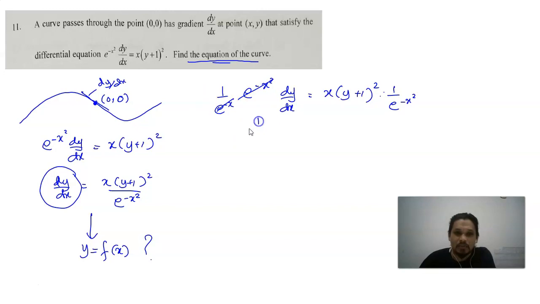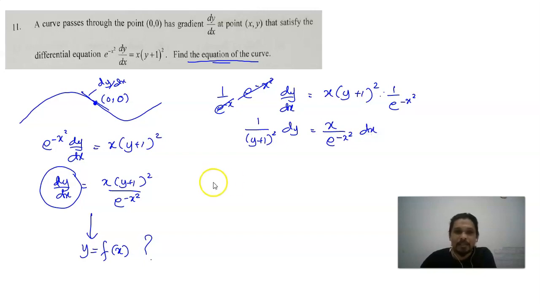So it gives us 1 divided by (y plus 1) squared dy equals x divided by e to the power of negative x squared dx.